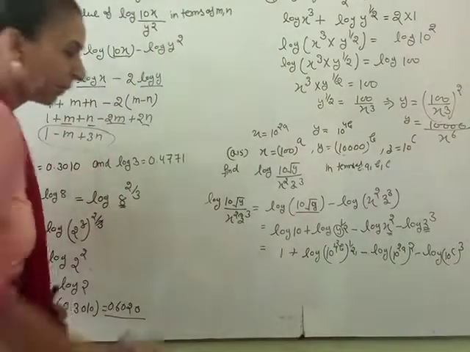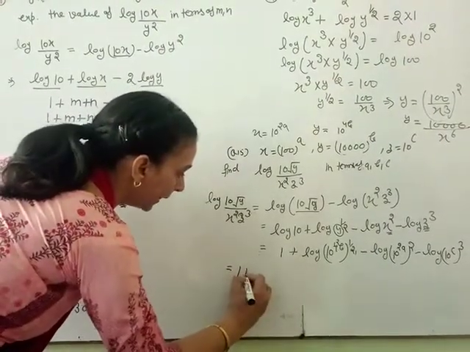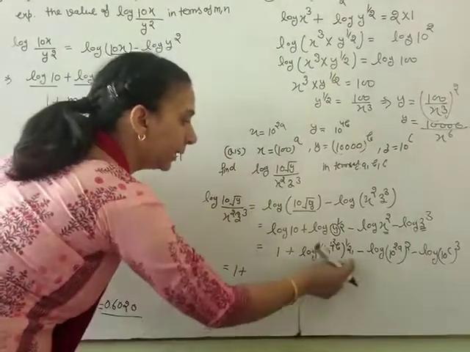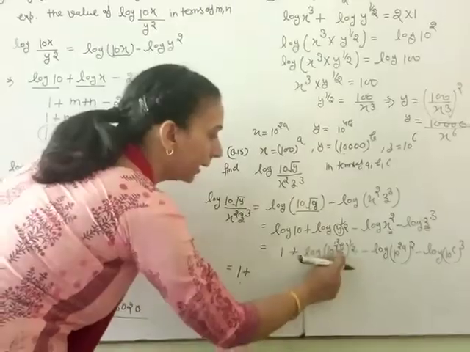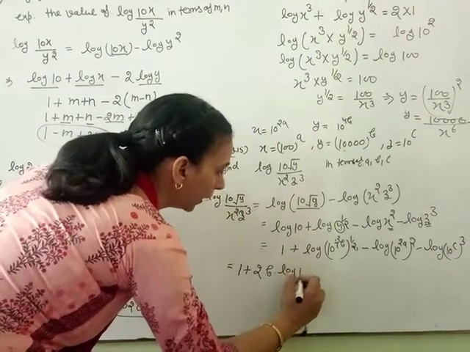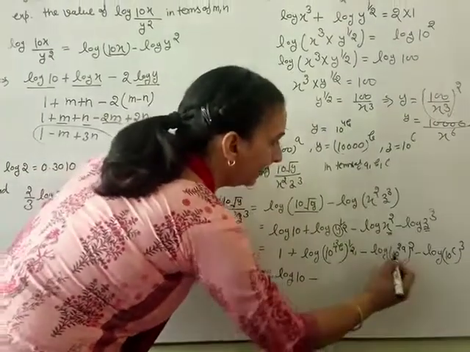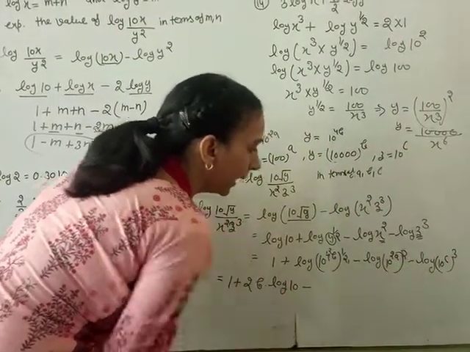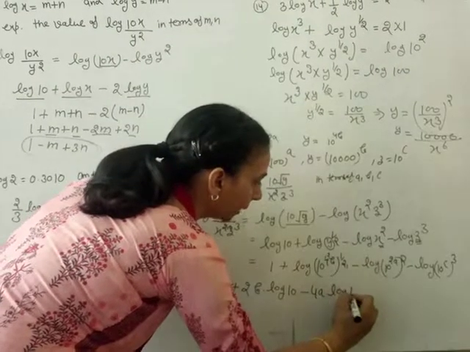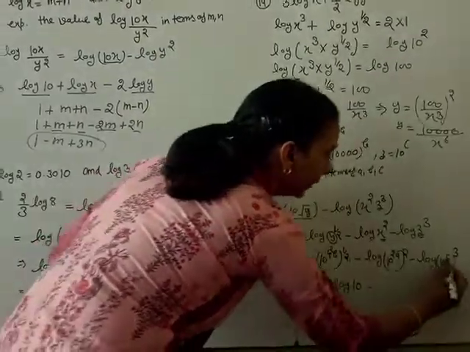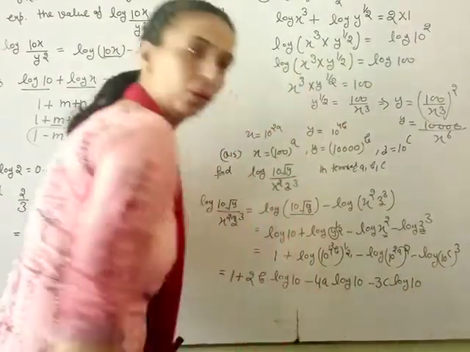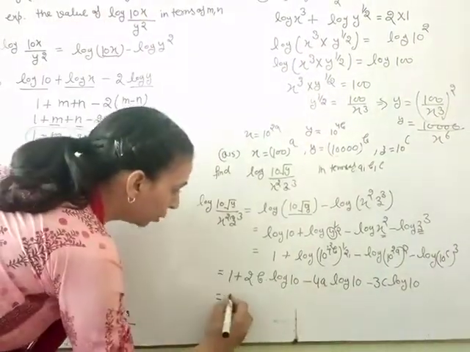Then this equals 1 as it is, plus 10 raised to the power 2b, then according to the power law 2b multiplied by log 10, minus the same 10 raised to the power 4a, then 4a multiplied by log 10, minus the same 3c log 10.